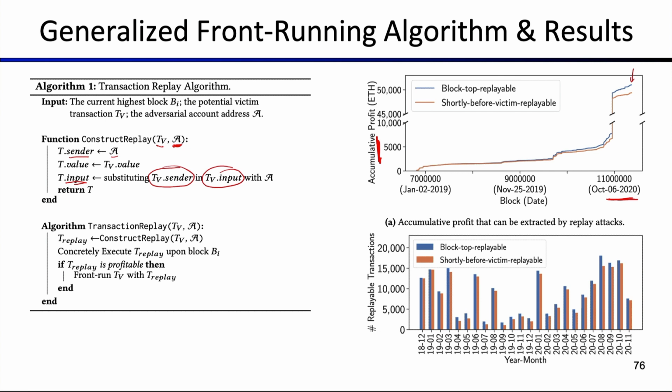Naturally, the US dollar amount that I reported earlier is based on the Ether price at the time of the measurement. So the accumulated profit that can be extracted by replay attacks is really significant. The number of replayable transactions remained more or less constant while still being rather volatile. There's some coarse-grained volatility, but we observe about 15,000 transactions at most per month that can be replayed.